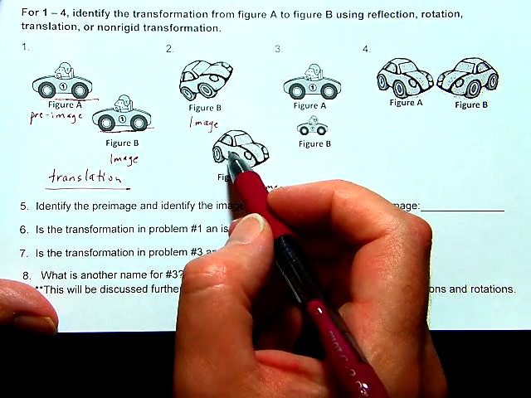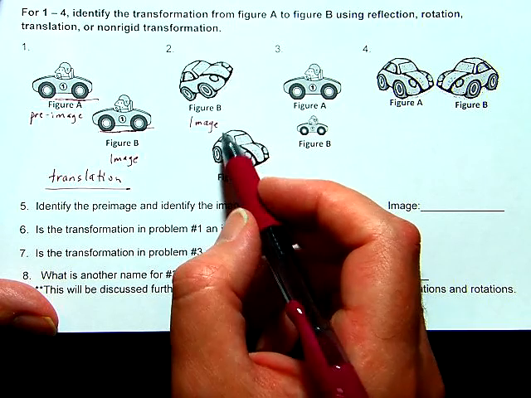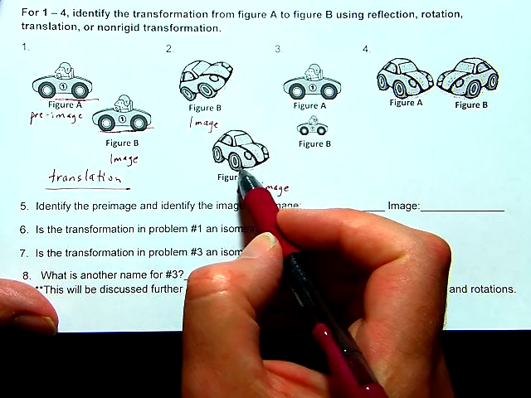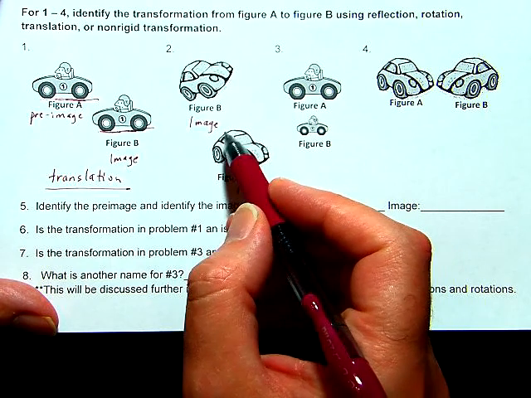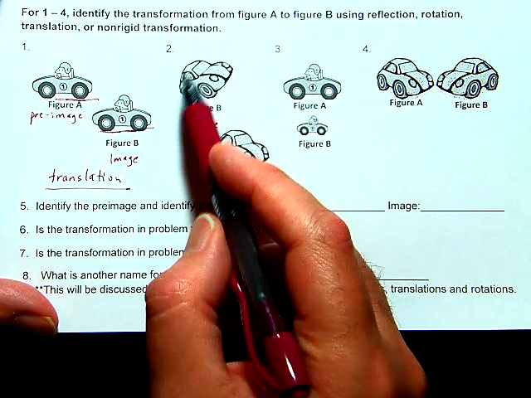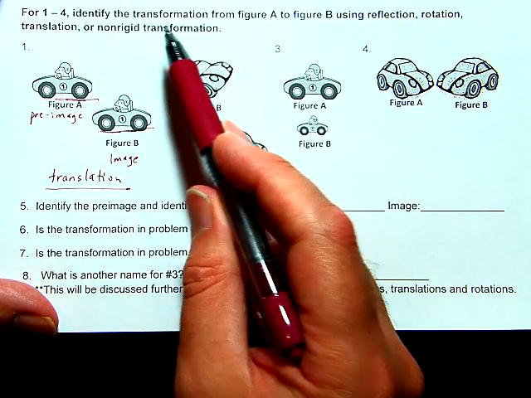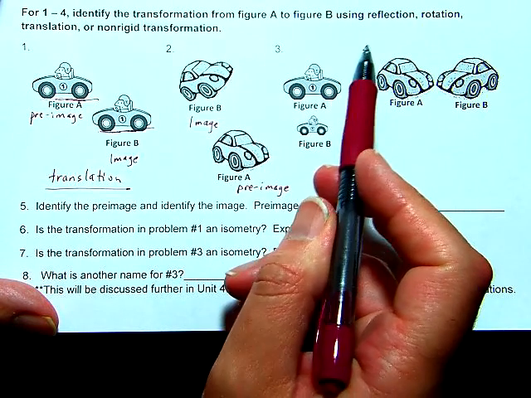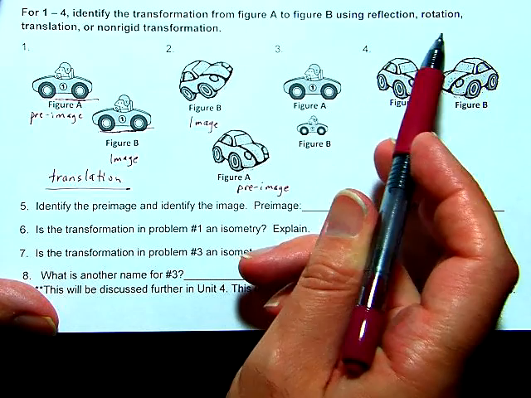So there's some translation. I think you'll also notice that these are congruent figures. This is the same shape and size as this figure. So basically we do not have a non-rigid transformation. We only have rigid transformation. And therefore this has to be some combination of reflection, rotation, or translation.